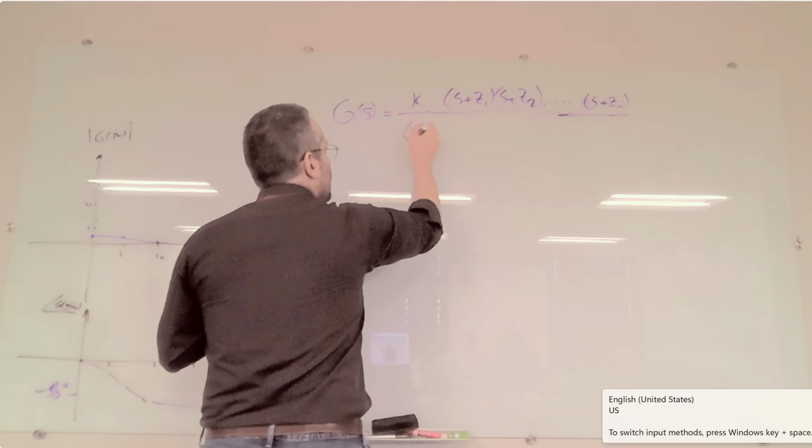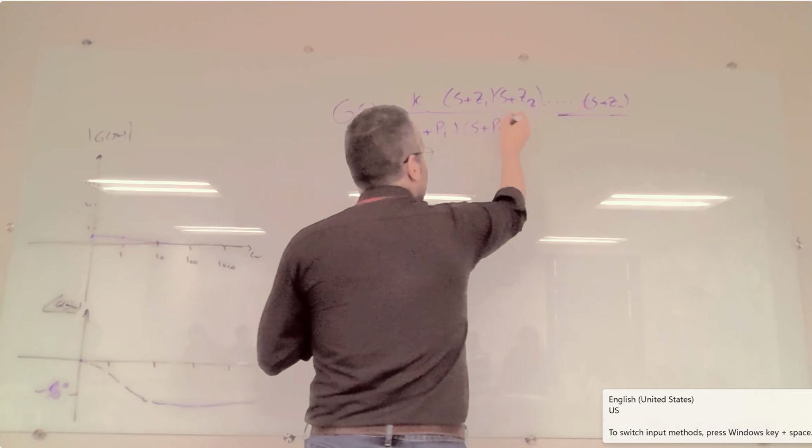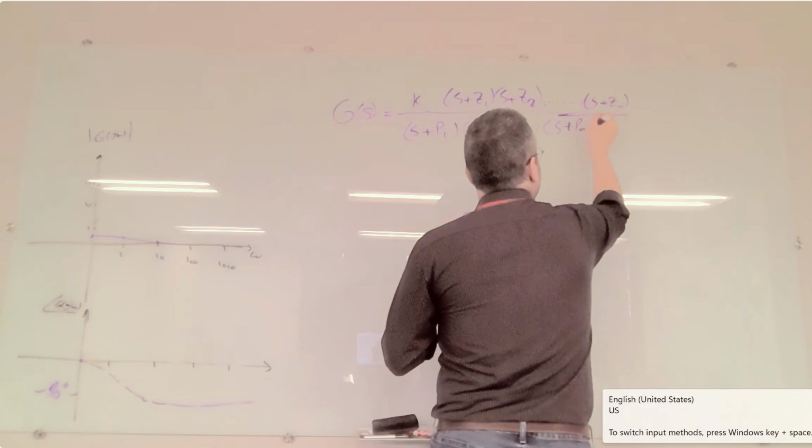And the same goes for the poles. I can have pole number 1, pole number 2, all the way to pole number n.